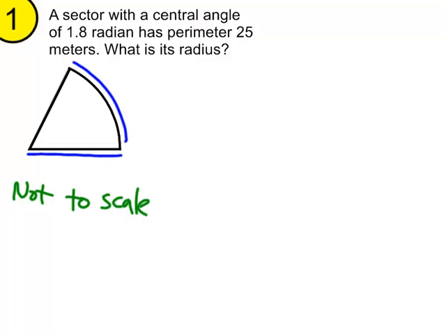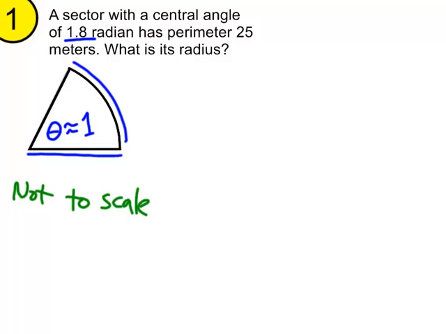In the figure, the arc length and radius look to be about the same length. So theta looks to be about 1, because the arc length and radius have a roughly 1-to-1 ratio. You can tell that 1.8 is not reasonable, but we're going to work with this figure anyway.